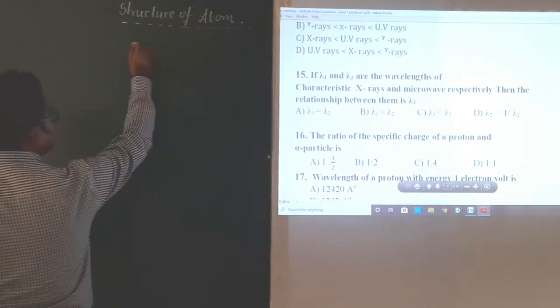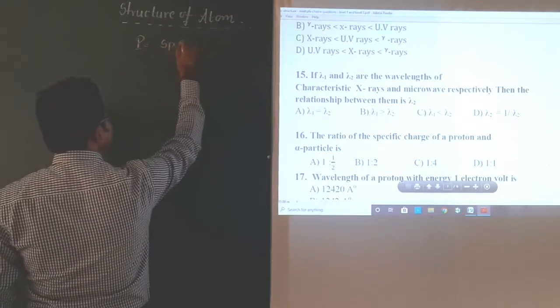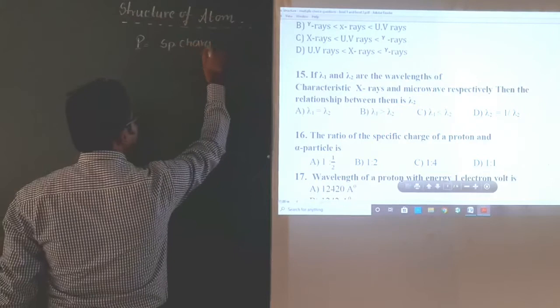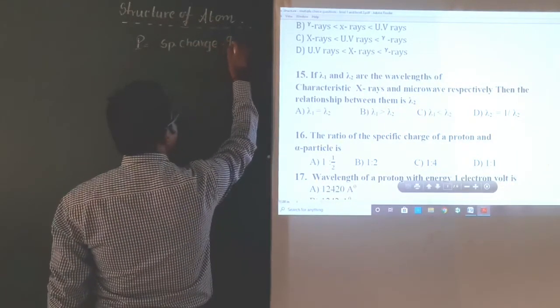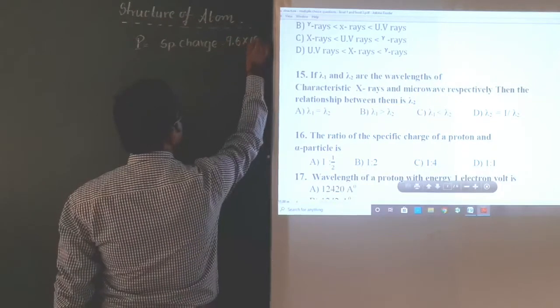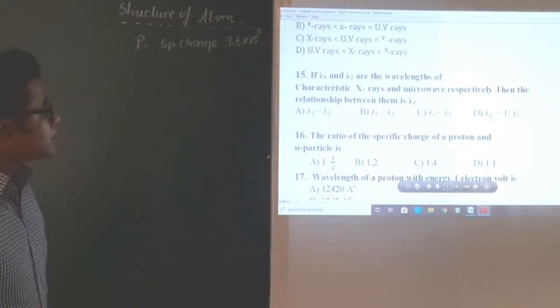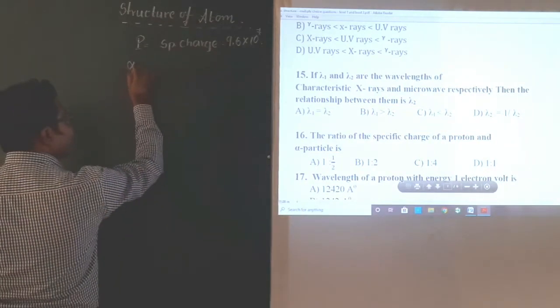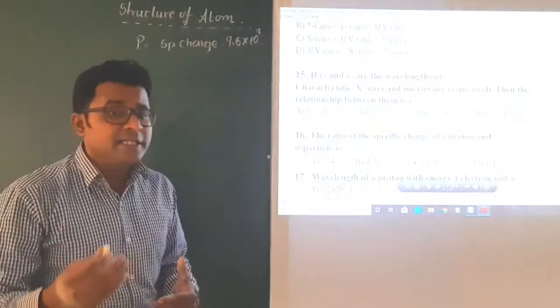Let me tell you about protons. The specific charge for the proton is 9.6 into 10 raised to 7 coulombs per kg. While alpha particles, what are alpha particles? This is nothing more than a doubly ionized helium particle.